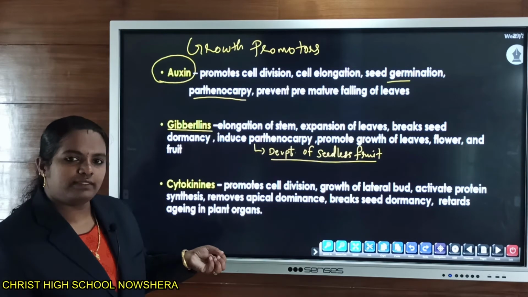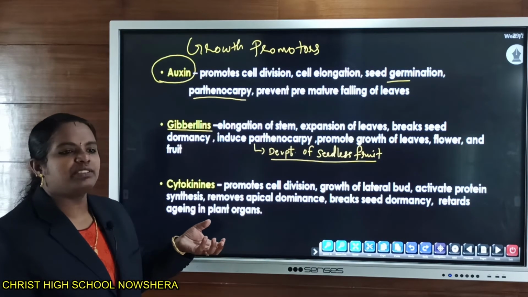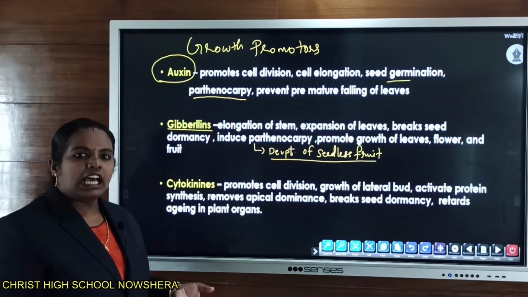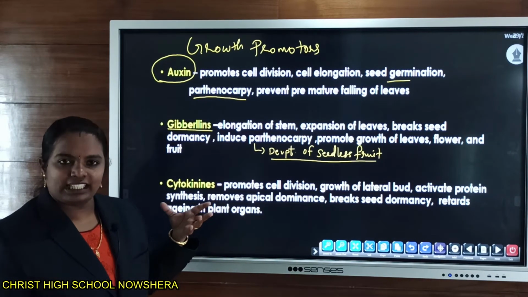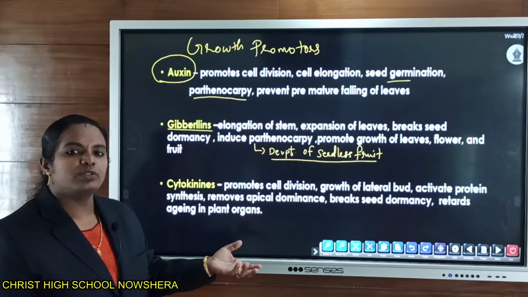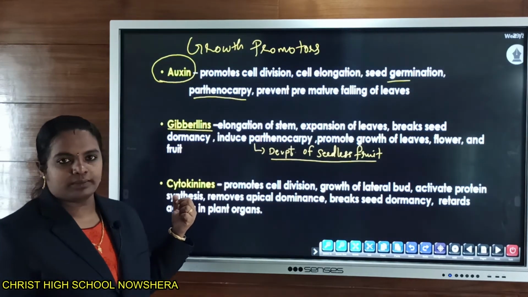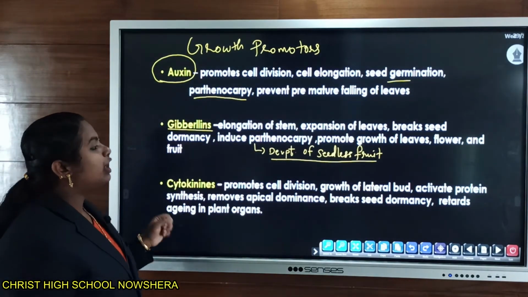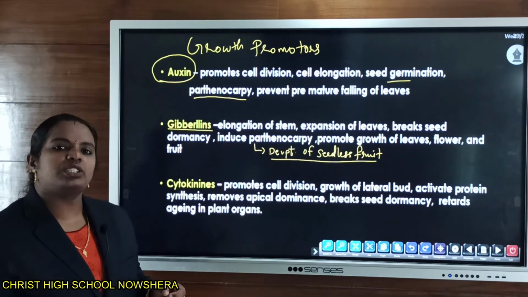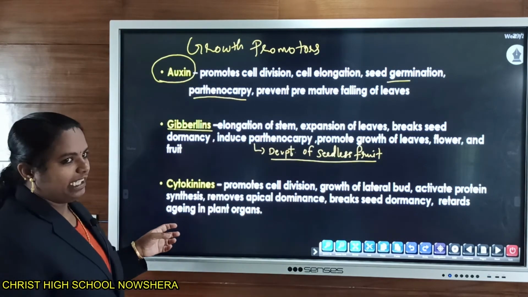If there is increased surface area of leaves, more chlorophyll content is present in the leaves and we can absorb more light energy for the photosynthesis process. The process of transpiration is also greater through this expansion of leaves. Then it breaks seed dormancy. Dormancy is the condition in which the seed cannot germinate.